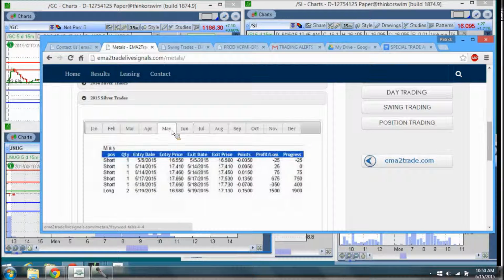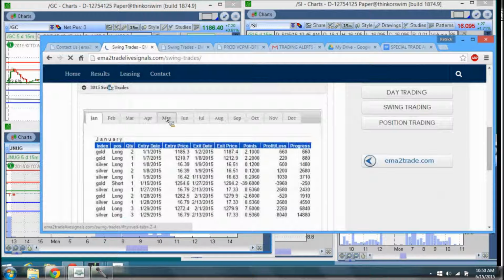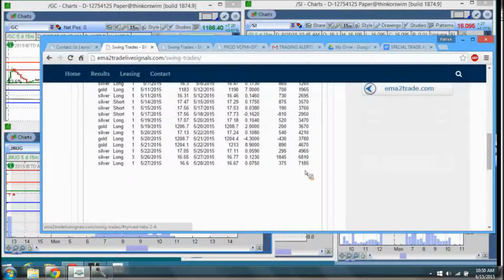For the month of May, day trading, we ended the day trades on the 19th of May, but the swing trades continued for the remainder of May. And for the month of May here, we show that we picked up about 7,000 in day trading, and here are the trades from the 19th of May all the way through.